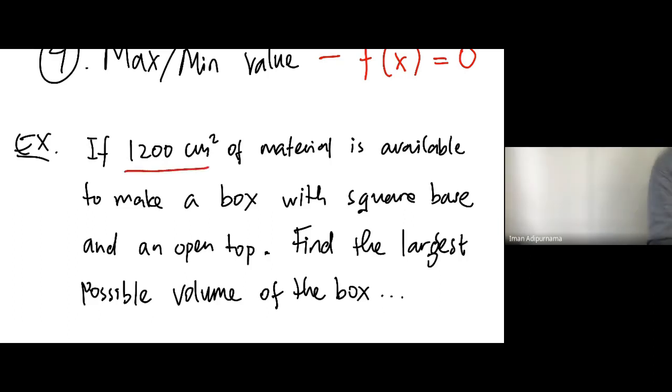So this is the amount of material that's available, and you need to make a box with a square base and open top, and it's asking the volume. So the largest volume possible. So first, maybe we can draw the box first.